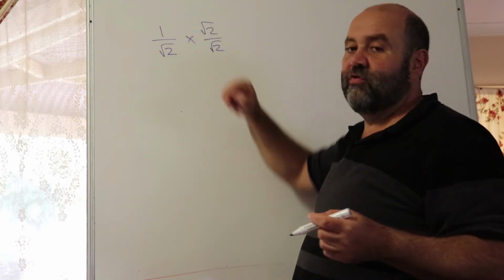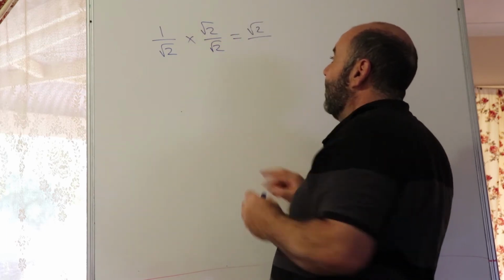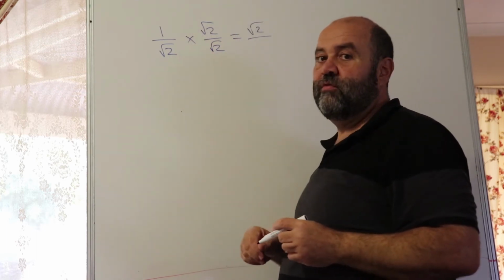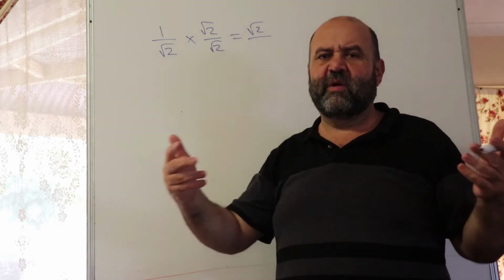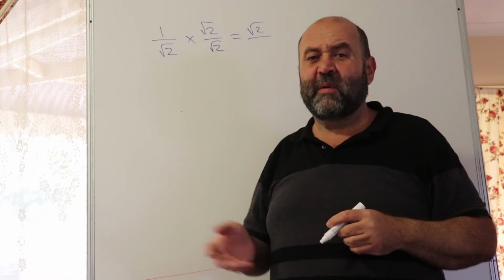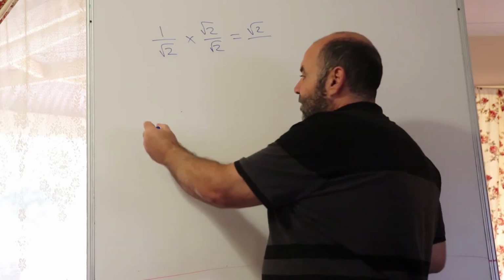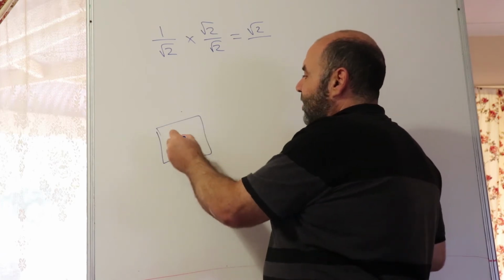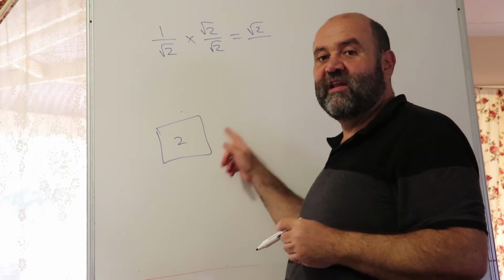1 times root 2 is root 2, and root 2 times root 2, well think about that. What's the square root of 2 times the square root of 2? Remember we did that video way back when we looked at the squares? I had a square whose area was 2, and I said, well, what would the side lengths be?